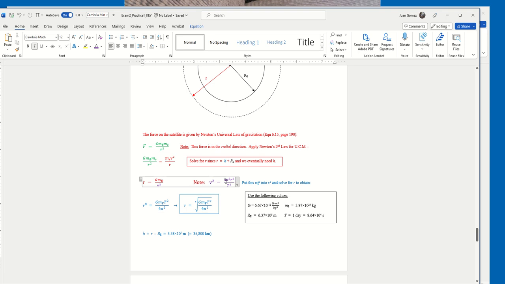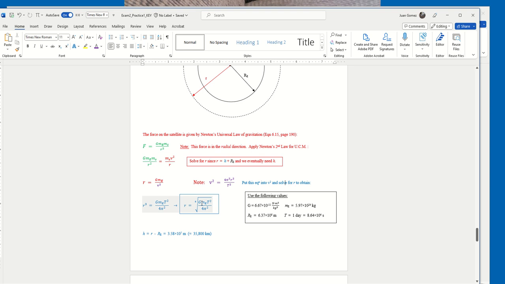If I take this expression for v squared, plug it in the denominator, then solve for r cubed, you get r cubed is equal to G m_e T squared over 4 pi squared. Well, r is simply the cube root of G m_e T squared over 4 pi squared.